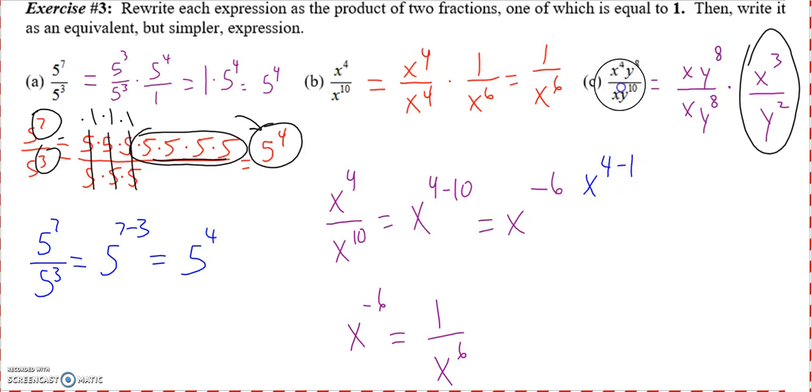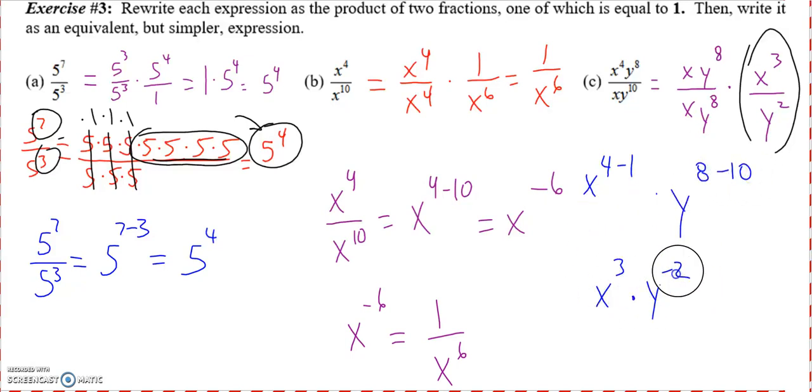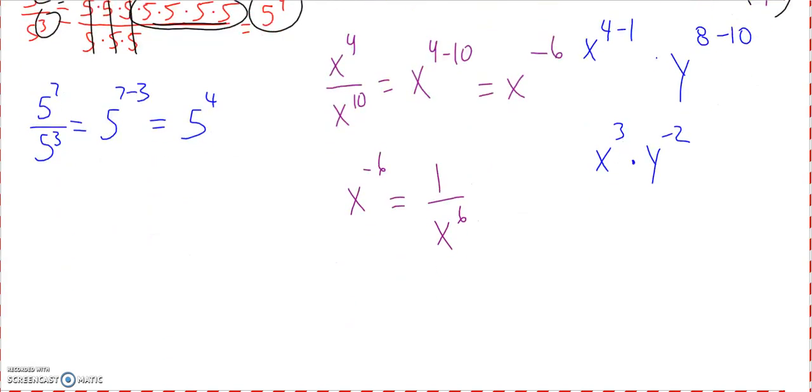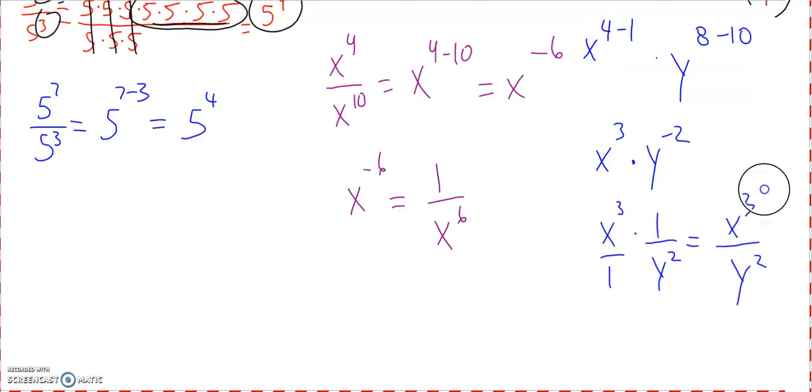So be careful that there's no exponent, that should be x to the first. And then it would be y, which would be 8 minus 10. I'd subtract those out. Notice I would get a negative exponent there, which basically we know turns it into a fraction like this. And if I multiply these across, I'd end up with the exact same thing. Now this looks complicated, but you'll get the hang of it. It's pretty easy once you get the hang of it.